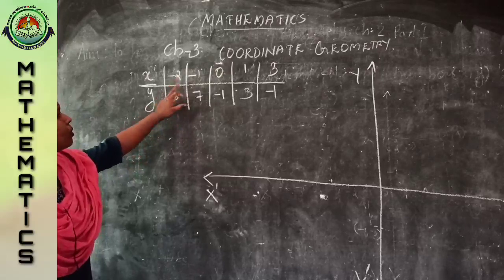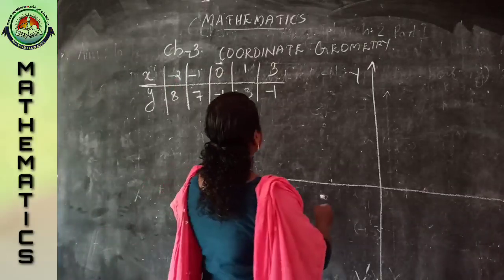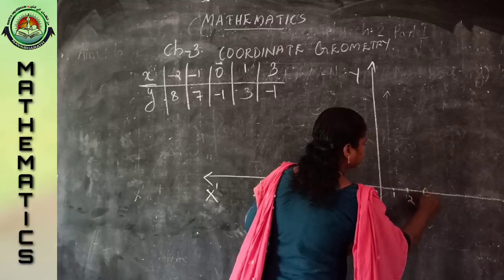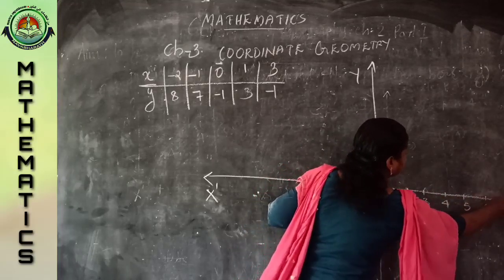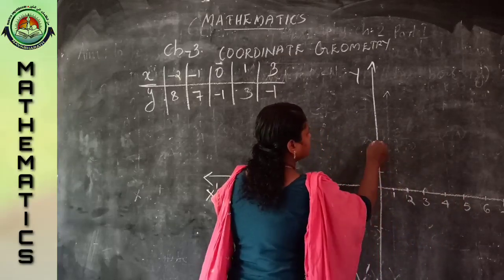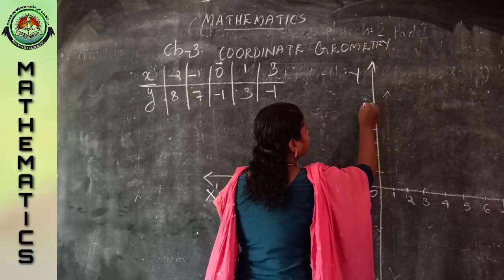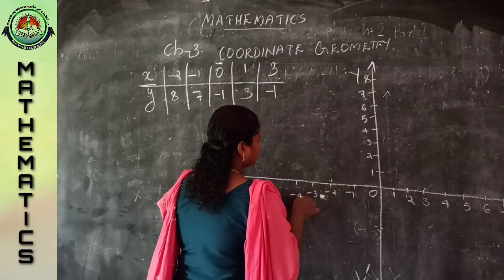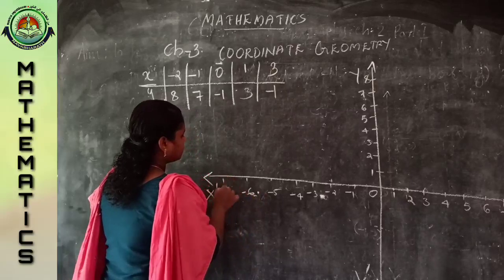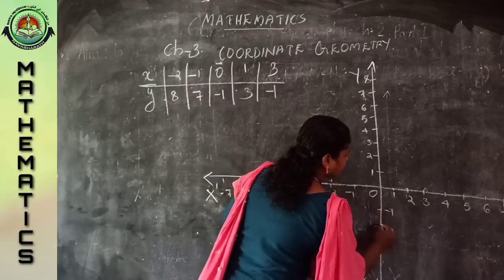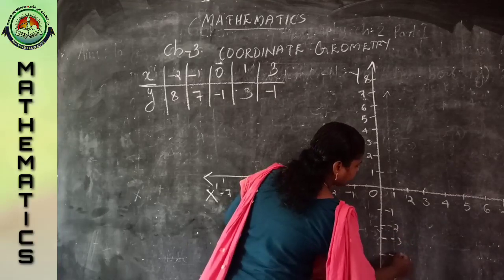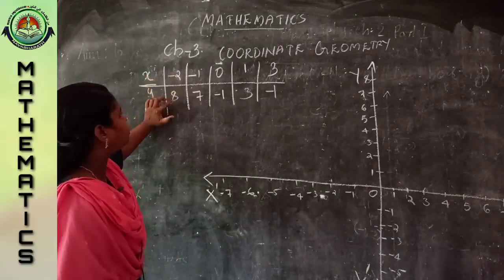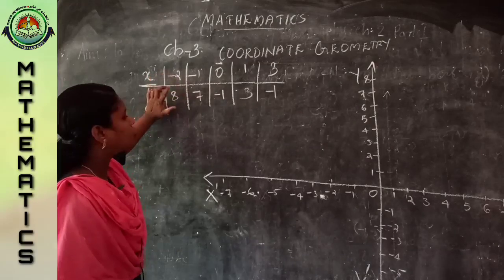Here we need to plot points up to 8, so we take 1, 2, 3, 4, 5, 6, 7, 8 and negative 1 up to negative 7 on one axis, and negative 1 to negative 5 on the other. The first point is negative 2, 8.